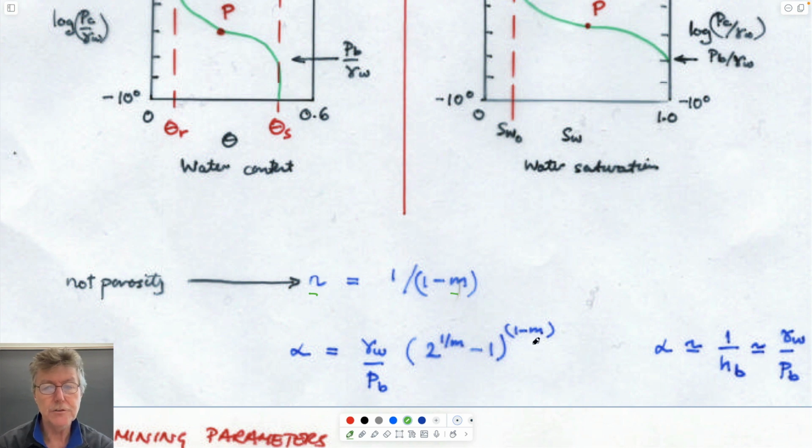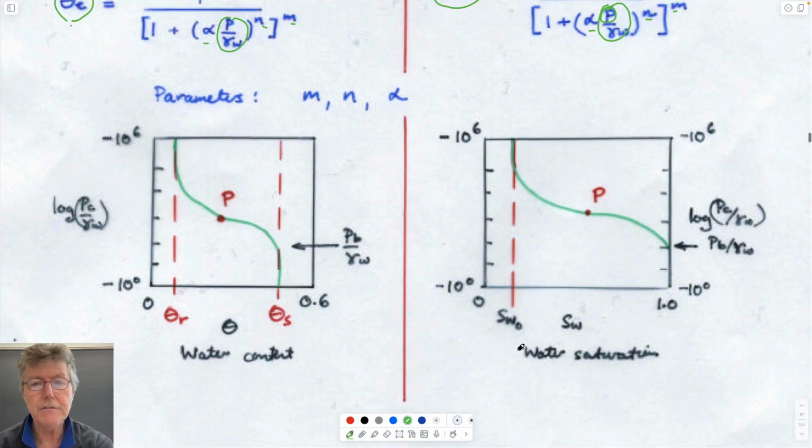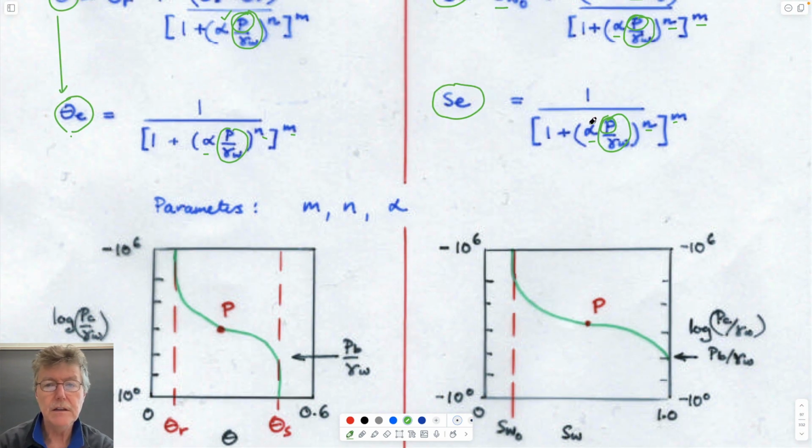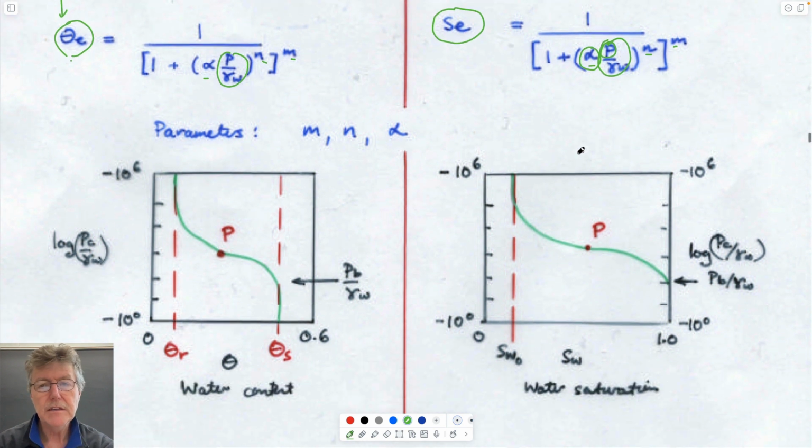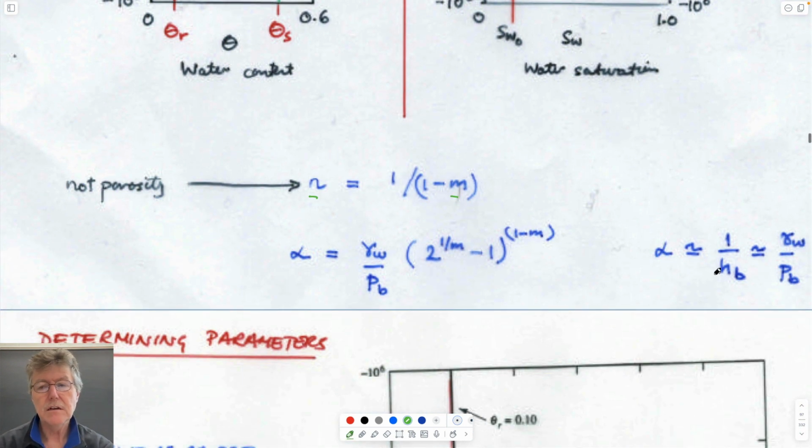I'm not sure you ever need to do this, but the one interesting parameter that comes out of this, which operates on this alpha parameter, is actually the inverse of what we would call, is equal to 1 over the height rise in the capillary zone.